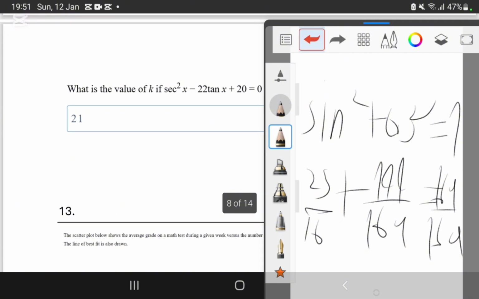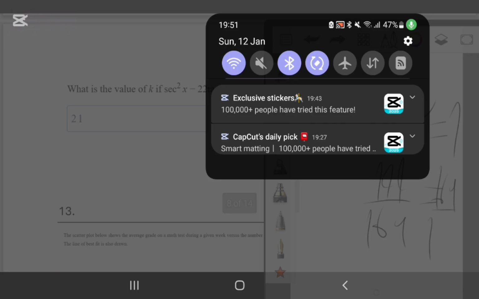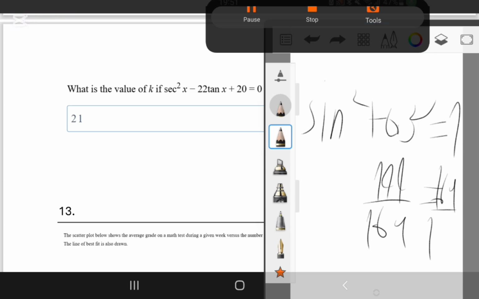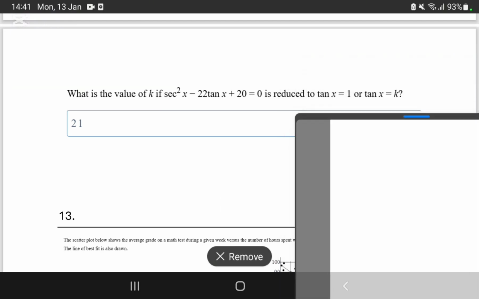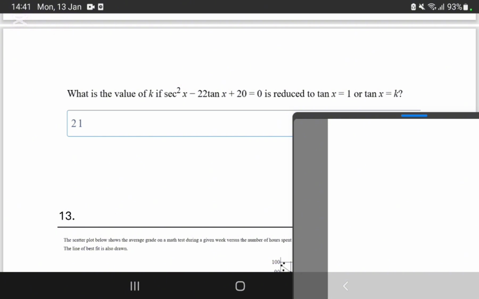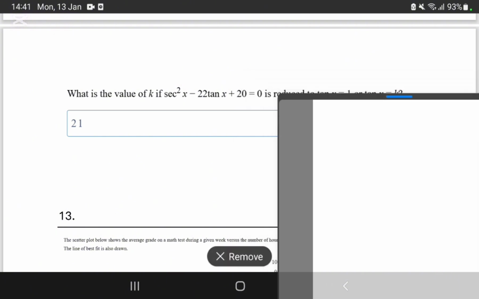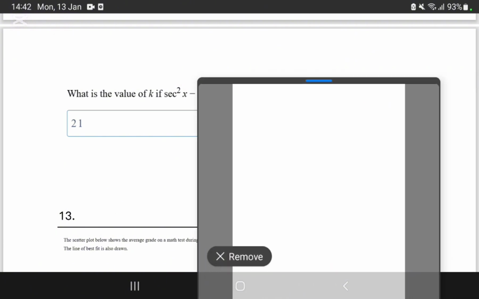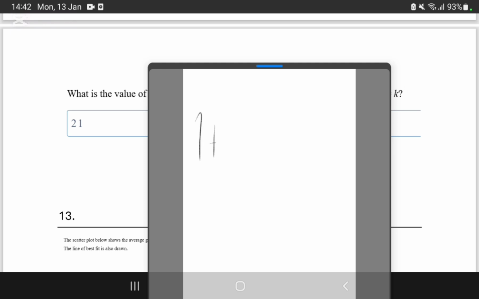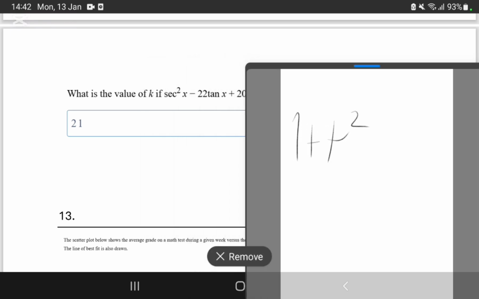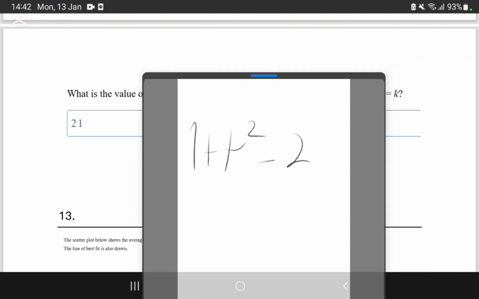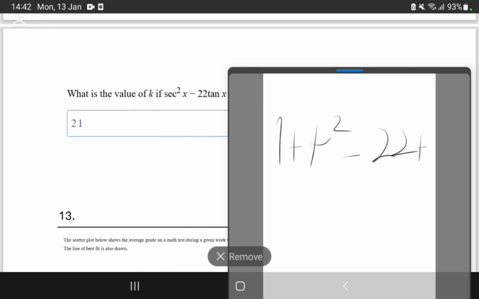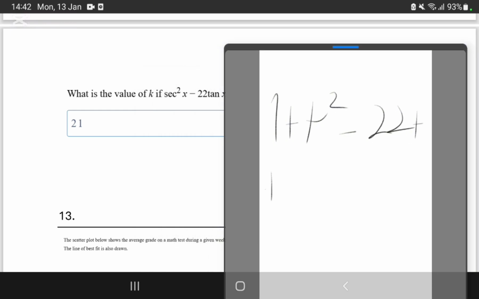Number 12. For question number 12, we know that secant squared is equal to 1 plus tan squared. So we can substitute secant squared by 1 plus tan squared. I'll put tan squared as t squared minus 22t plus 20.